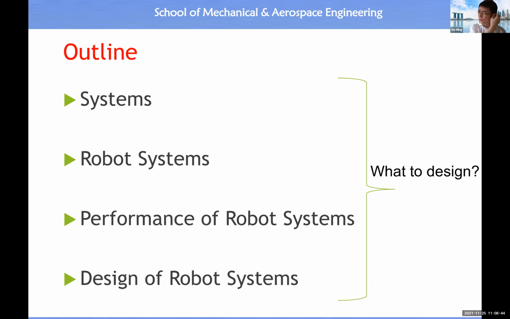In order to better understand the answer to this question, it is good to adopt the viewpoint of a system, because a robot is a complex system which includes many subsystems. Therefore, we need to design each individual subsystem. In this way, you will have a better idea about the detail of designing a robot's body, all right?